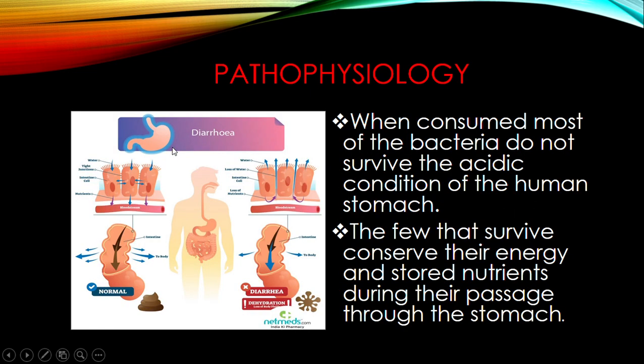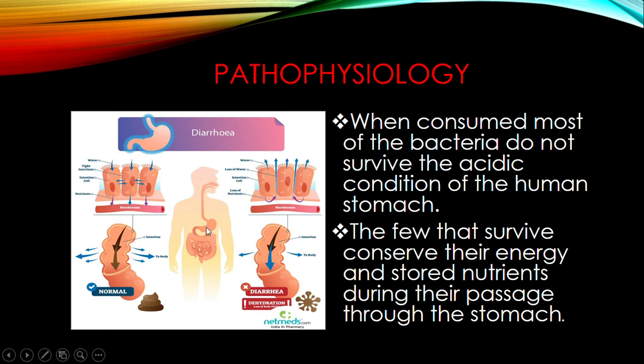So let's go back to this slide. We are saying that when it's consumed through the mouth, maybe in the water or in the food, it will pass through the esophagus. When it comes to the stomach here, because the stomach is acidic, most of it will not survive.